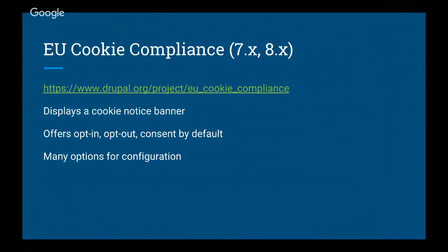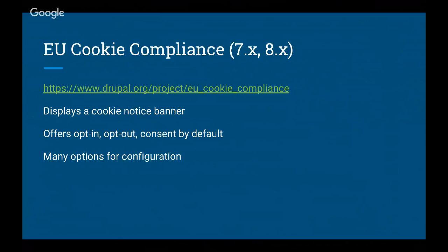Then comes EU cookie compliance. This is a really old module, and it's been available since Drupal 5, I think. What it does is it displays a cookie notification banner, and it has lots of other interesting features you can toggle on or off. It also offers three main ways of handling consent.